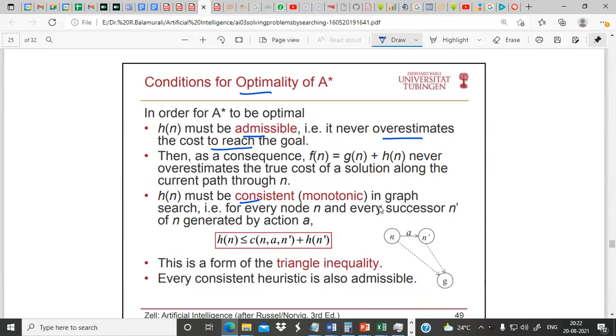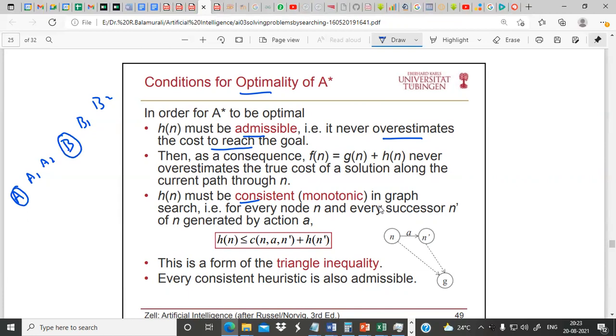Say for example, you are currently in this state A. Say you want to reach the state B. Say before B there is a state called A1, and here there is another state A2. After B there is a state called B1 and B2. Right now, this is the initial state, this is the goal state.